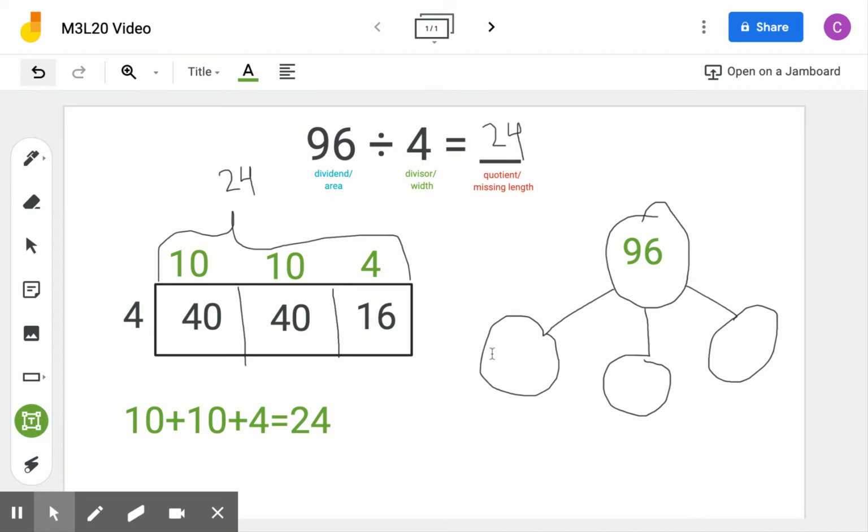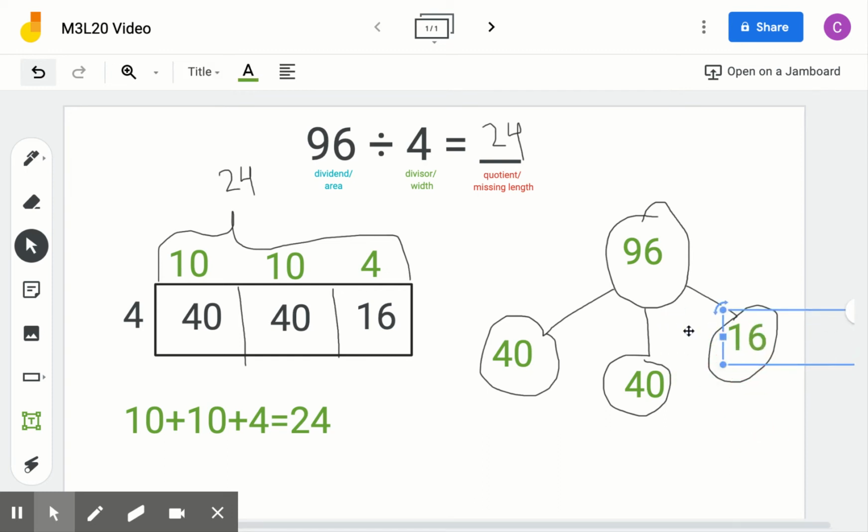One of those parts is 40, just like this rectangle. The other part is 40, just like this rectangle. And then our last part is 16, just like this rectangle.